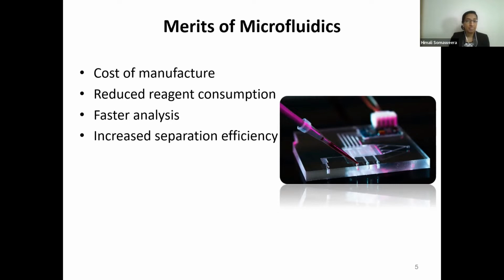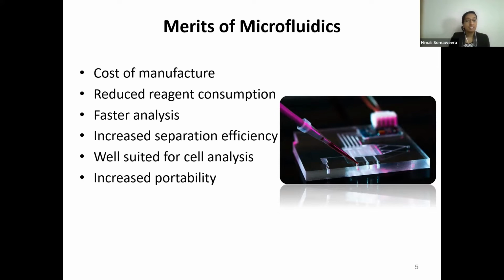It increases separation efficiency, and because of the compatible materials used in most of the microfluidic devices we design, it's well suited for cell analysis. It also increases portability, because these are small devices and you can test on site. It can be used for point of care diagnosis, and ease of use and disposal is another merit of microfluidics.